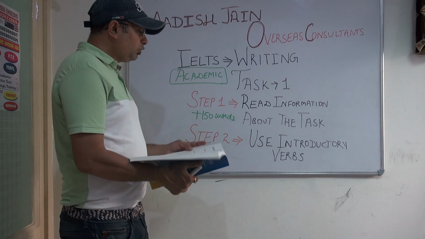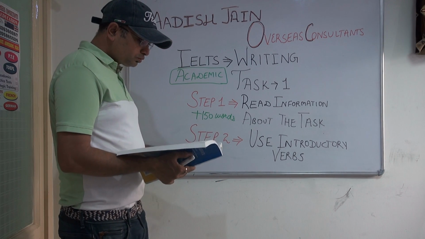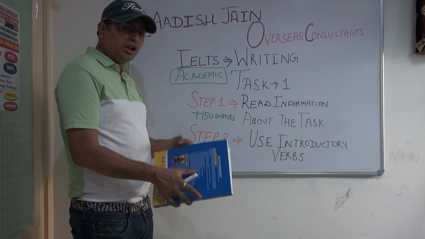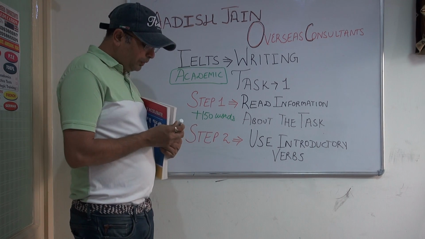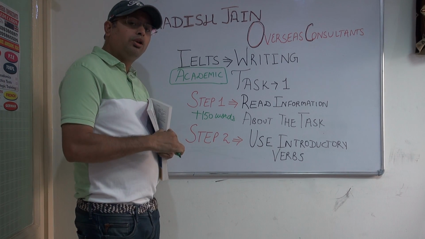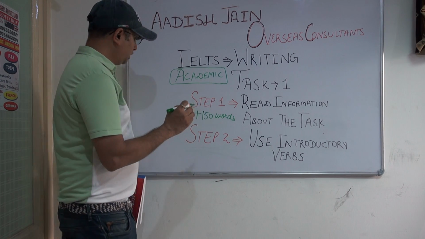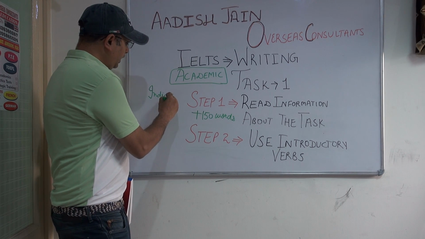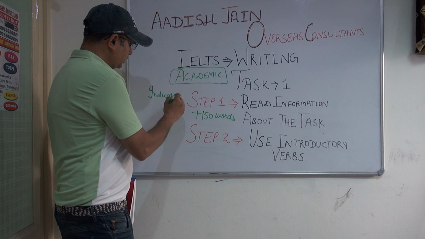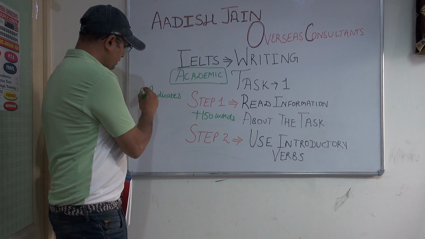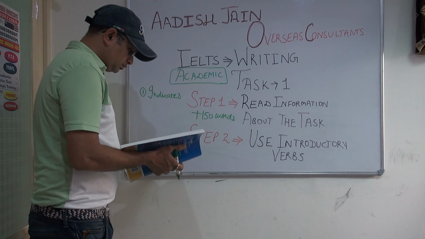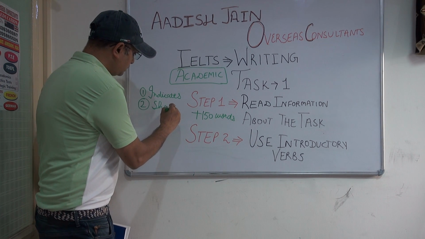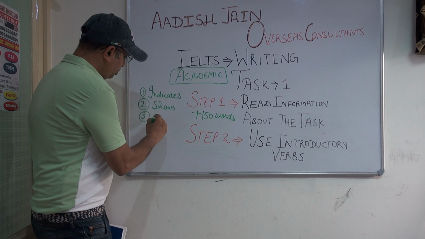In step 2, we need to use introductory verbs. So what are introductory verbs? We need to understand this very carefully. Introductory verbs are the verbs which help us to introduce a certain topic. First of all, let's try to review these words. Indicates, shows, compares.